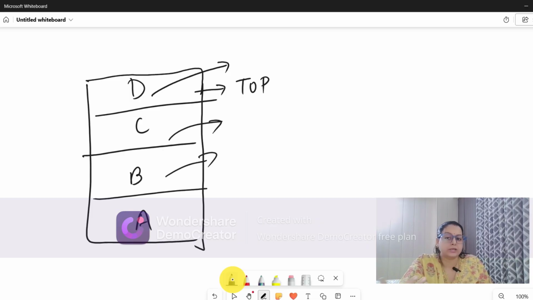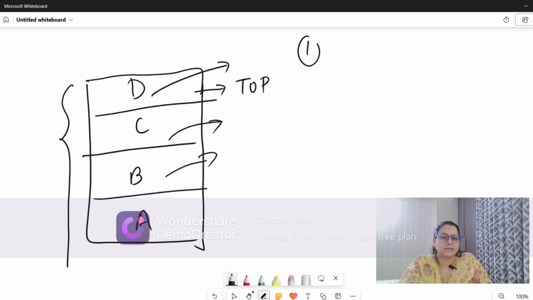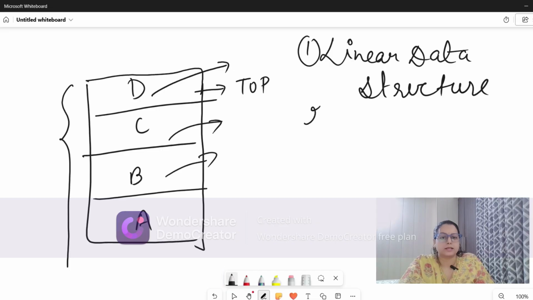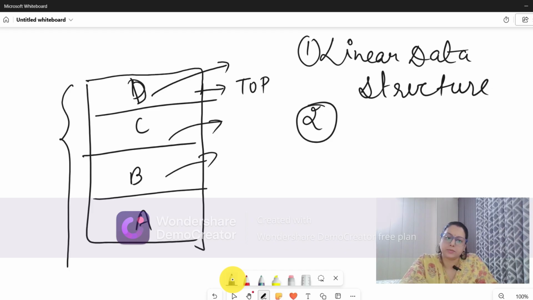This is the stack structure, and we can clearly see this is a linear structure. No hierarchy, no tree, no graph is there. So first of all, this is a linear data structure. By the diagram only we can visualize this is a linear data structure. And one more thing we can conclude from the diagram, that the last element placed here was placed just recently, but still it will be removed first.